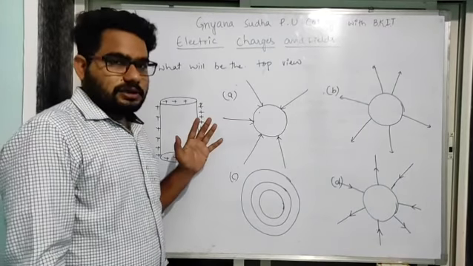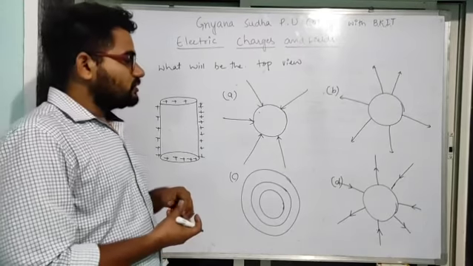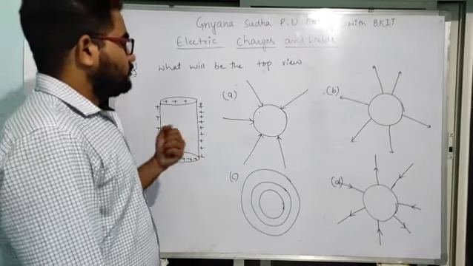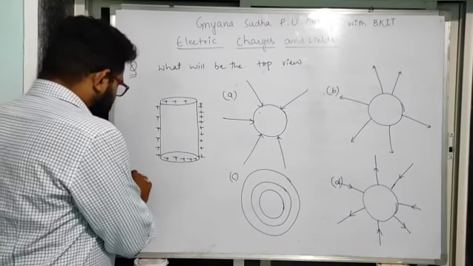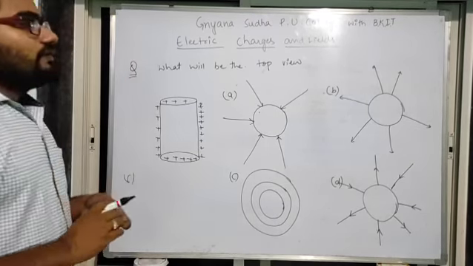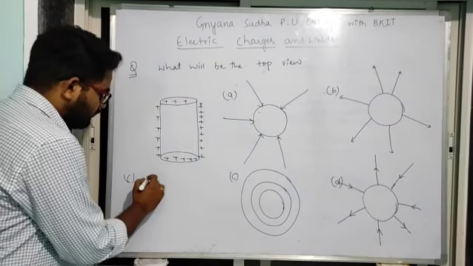Now tell me which one is correct. You have to solve it yourself, okay, I will tell you, but you have to try by yourself also. How can we tell which one is correct? Now, from the last class, remember that electric field lines are always perpendicular to the surface.